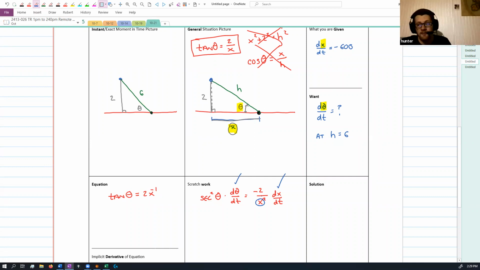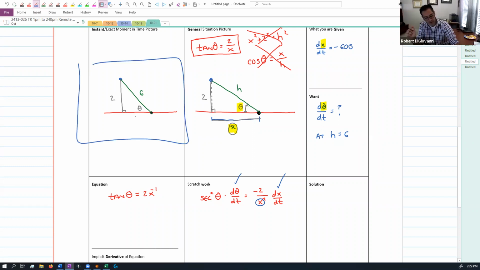No, but we could solve for it. Probably figure out what it is though, right? Yeah, because at the instant we have 2 and 6, so we can use Pythagorean. Yeah, I can use Pythagorean to get the x, right? But don't I also need theta? Yeah, but we can find the secant of theta given x and 2 once we find x.